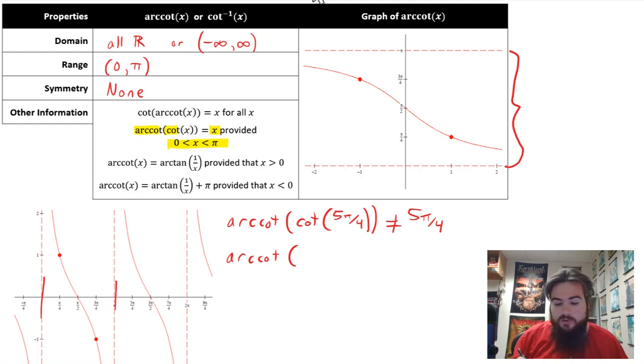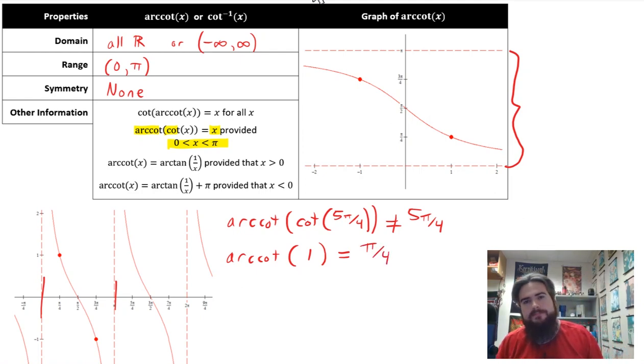Arccotangent of cotangent of 5 pi fourths, which is a positive 1. This will actually result in an angle measure between 0 and pi. Positive would have to be quadrant 1 in the unit circle then. You'll actually get pi fourths back from this. So not 5 pi fourths.